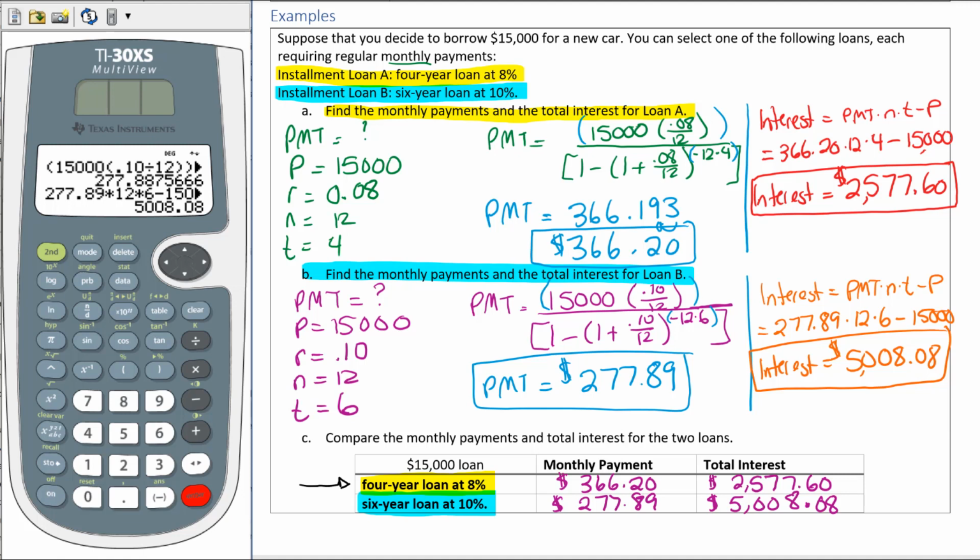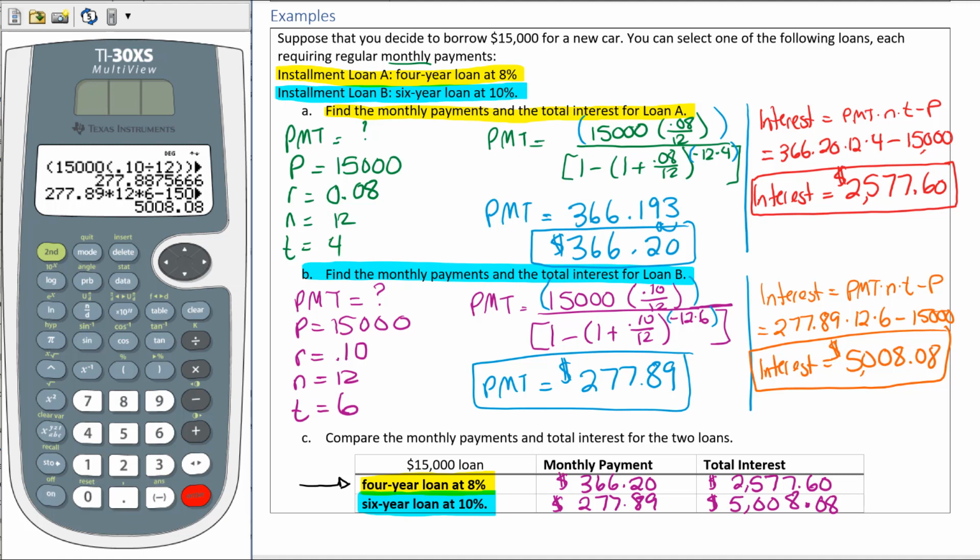That's going to get you the least amount of interest, and that means you're going to pay less for your car. Because if you add $15,000 to it, for loan A you're paying your $15,000 plus $2,577 on top of that. For loan B, you're paying your $15,000 plus $5,000 extra dollars.